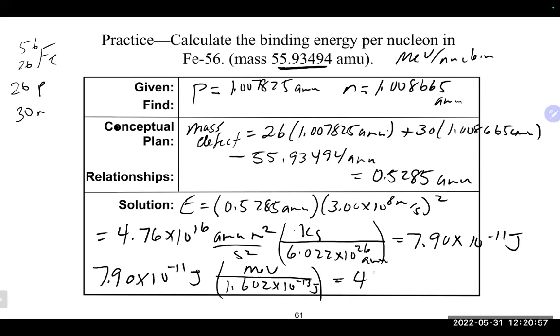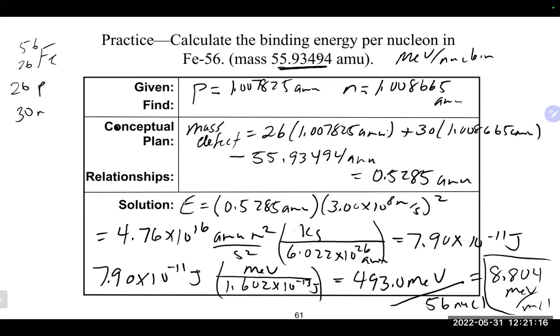That gets us about 493 mega electron volts, divided by our mass number, which is 56, which gets us about 8.804 mega electron volts per nucleon. Again, if you round it a little bit or went the other way, it might be slightly different than that. Question on that conversion there.